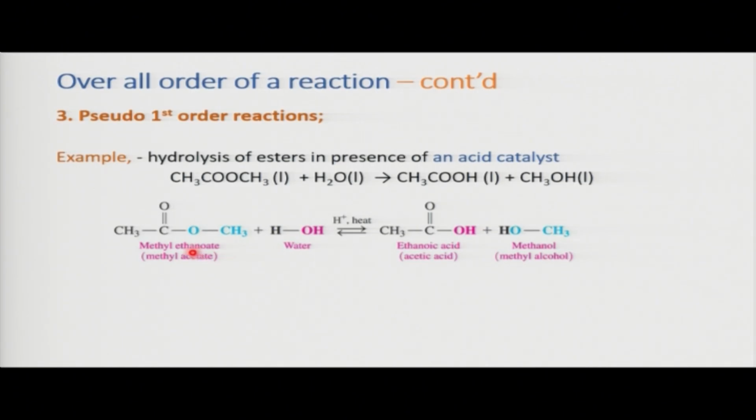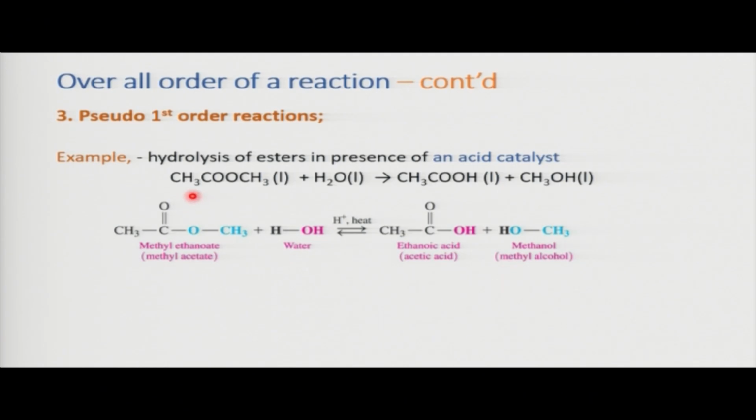So you have this methyl ethanoate. It is an ester. It is undergoing hydrolysis in presence of the acid as a catalyst to form ethanoic acid and methanol. So what do you notice?